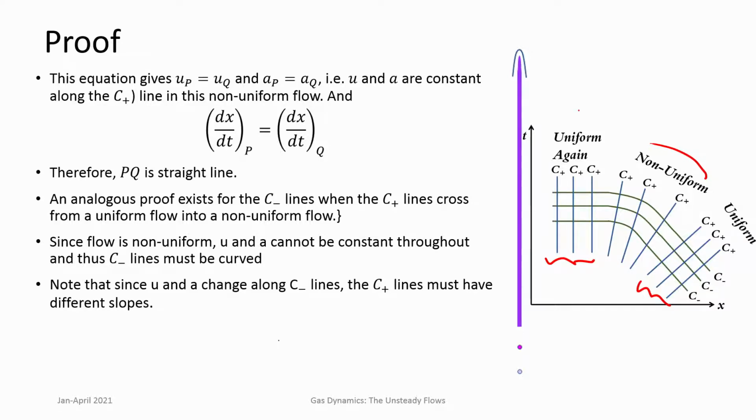So this is region 4, this is region 3, and in between you have the expansion waves. So the expansion fan lies in between those 2, and this information is useful when we look at the solution of the shock tube problem.